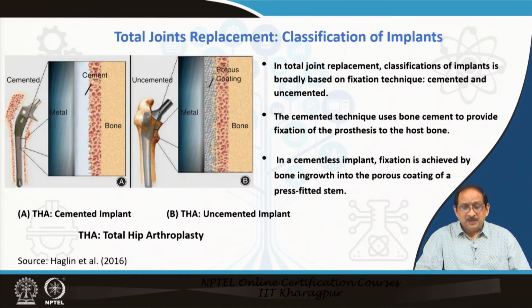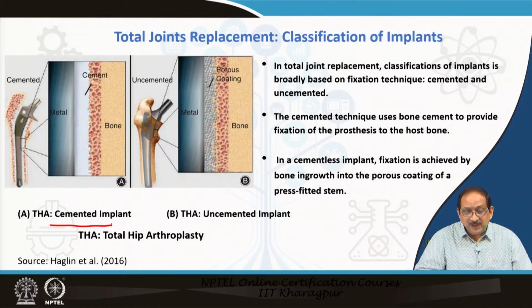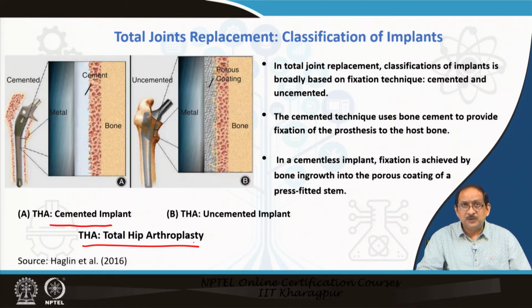Now, during a joint replacement surgery, say for instance hip replacement, the implant is fixed to the host bone with or without cement. In the cemented type, as you can see here from the figure, the use of acrylic bone cement helps the implant to be fixed within the femur. So, this is a figure corresponding to total hip arthroplasty.